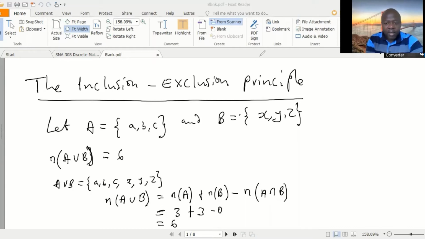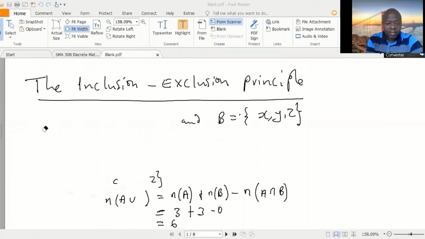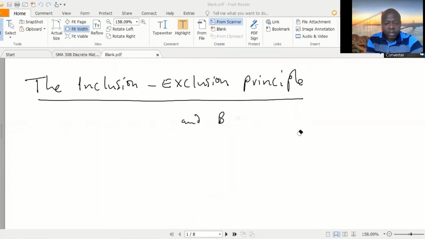Let me just use another example. Let me erase this first of all and look at another example, still looking at the inclusion-exclusion principle.